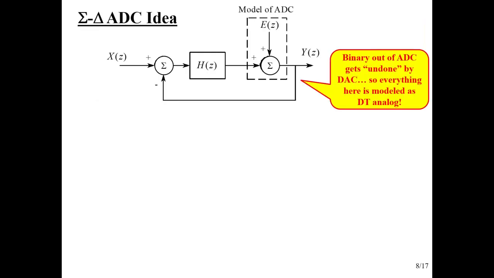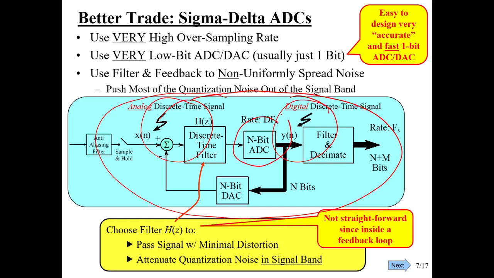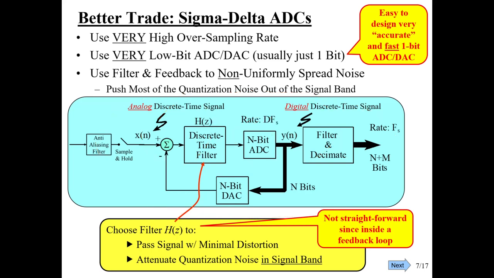So let's do this. Now look, I can't easily analyze this as it is because I've got mixes of analog things and discrete digital things, and I need a model for my A to D converter. So think about this, right? This path right here just goes immediately into the digital world and then back into the analog world.